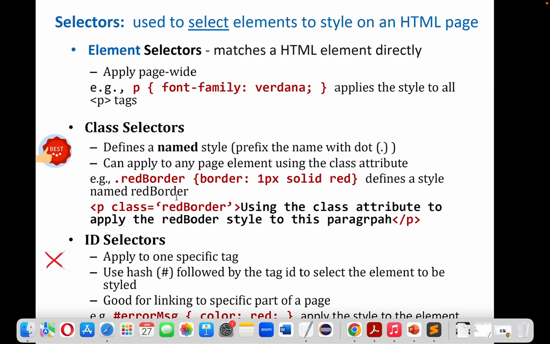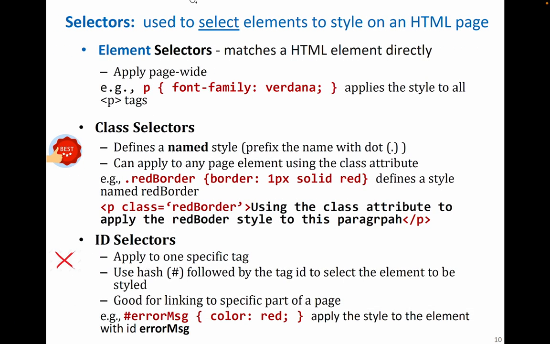Now I'm going to our other version, which is the ID selectors. With an ID selector, we want to apply a very specific style. Like I would like to say, okay, for this very specific tag which has that ID, apply that style to it.